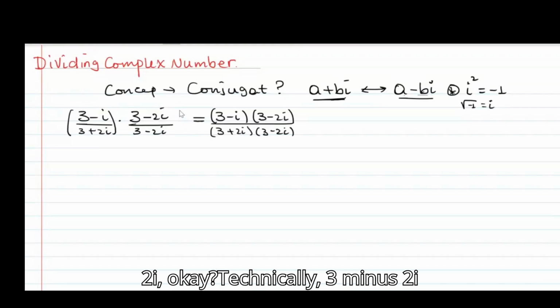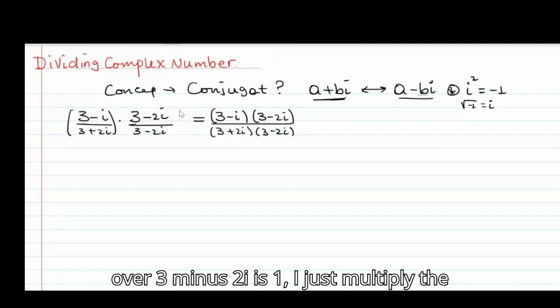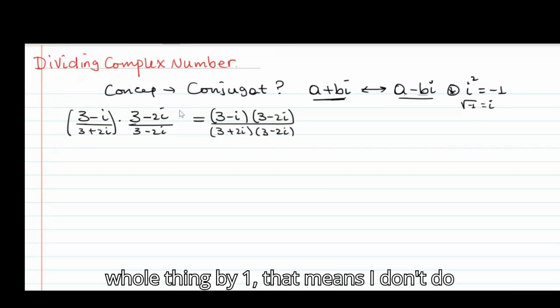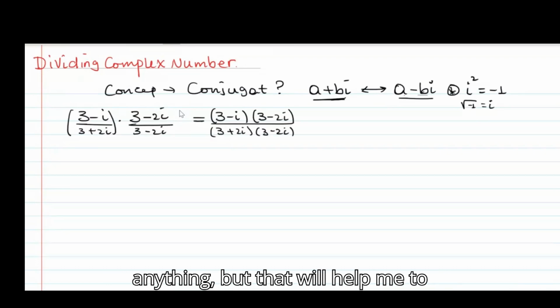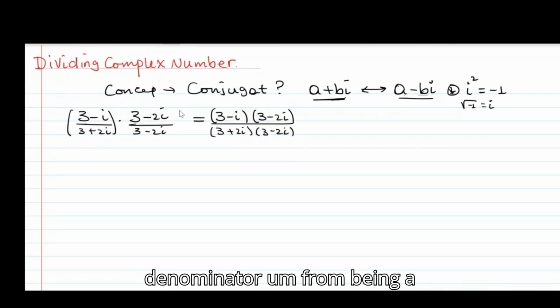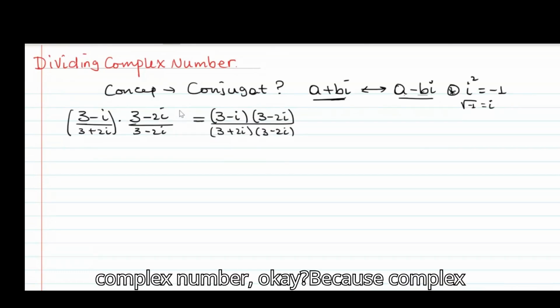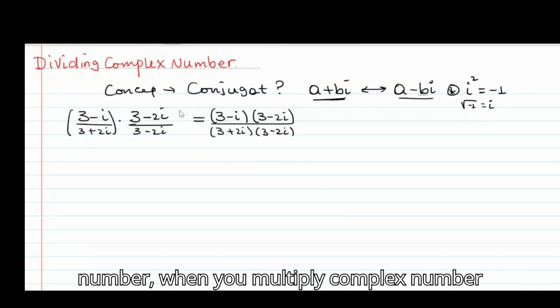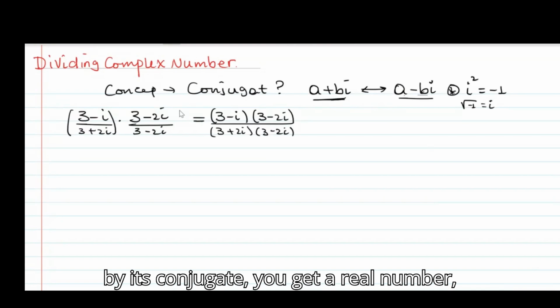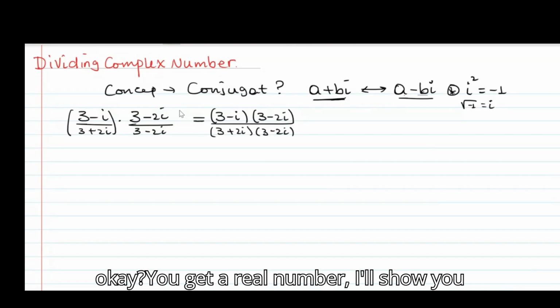Technically, 3 minus 2i over 3 minus 2i is 1, so I just multiply the whole thing by 1. That means I don't change anything, but it helps eliminate the complex number from the denominator, because when you multiply a complex number by its conjugate, you get a real number. I'll show you that in a moment.